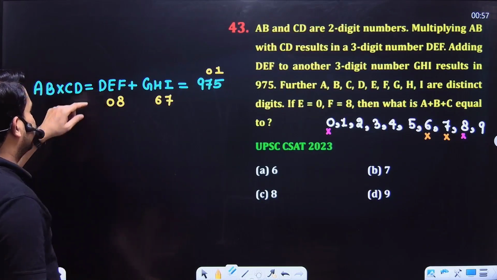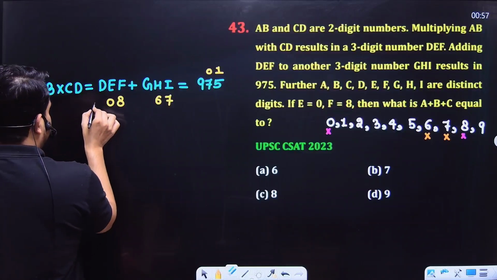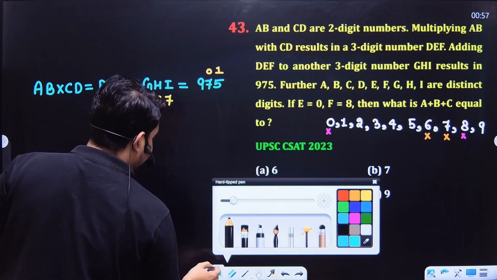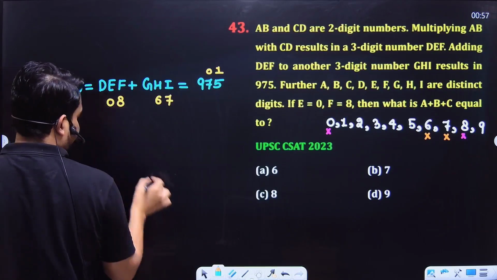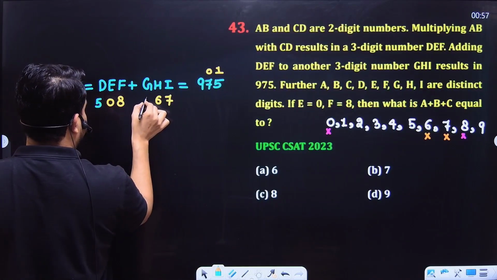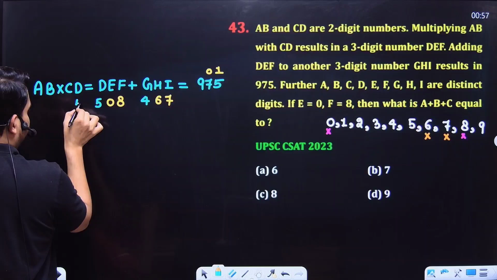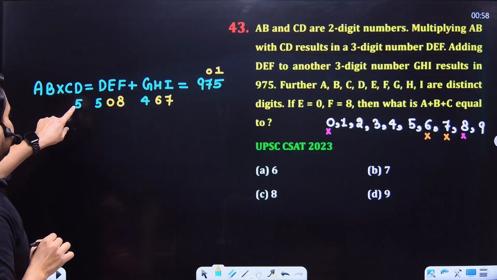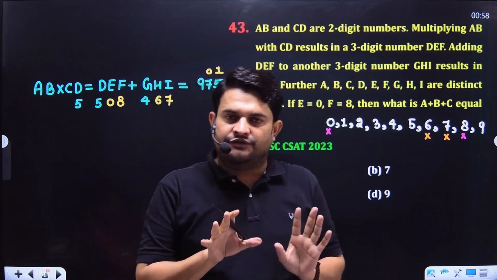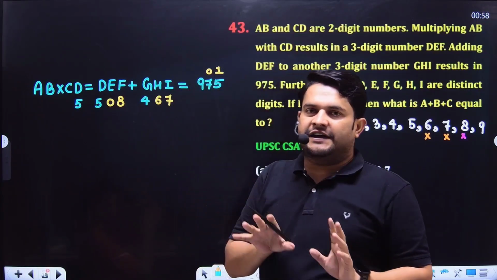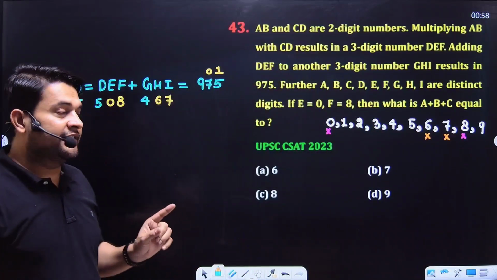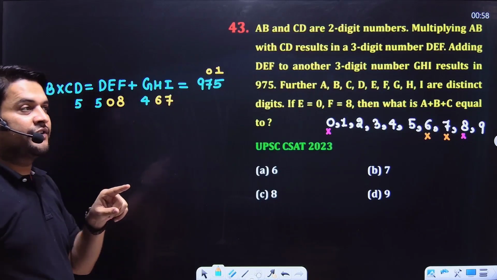So first of all, if the value of D is 5, then G is 4. CD is a two-digit number in which 5 is the unit digit, and there is a rule of 5: if 5 is multiplied by any number, if the number is even, then it will give unit digit 0, and if the number is odd, it will give unit digit 5.